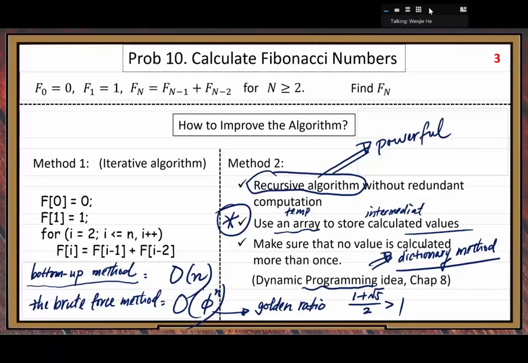You build a dictionary to store your temporary data. Intermediate calculation results are stored in a dictionary, and later you need to look up some of the numbers in your dictionary. So that's the dictionary method.